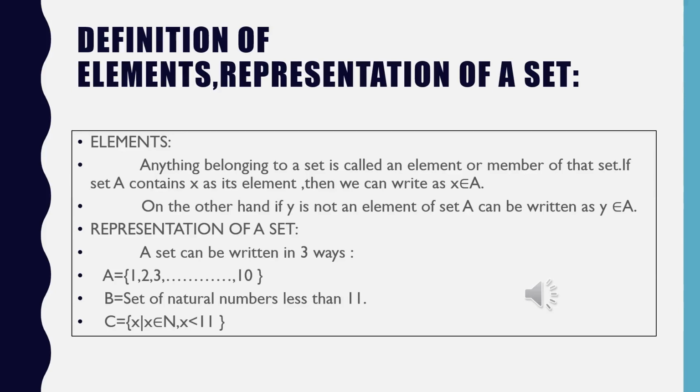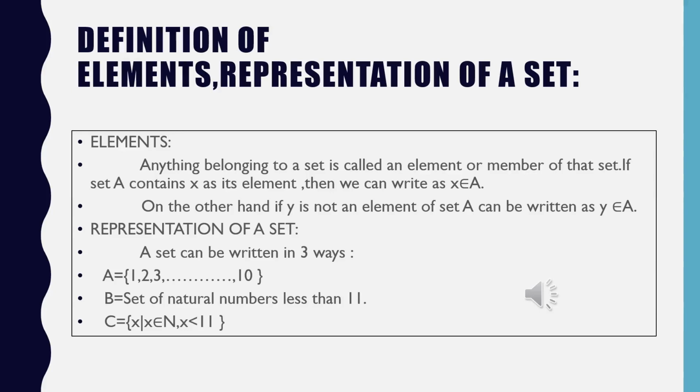If x is a natural number and it is less than 11, how will I write it in descriptive form? Set B is equal to, within curly brackets, the set of natural numbers less than 11.